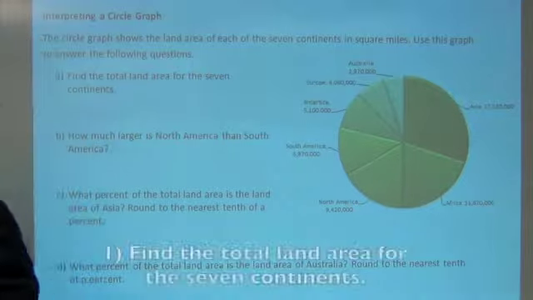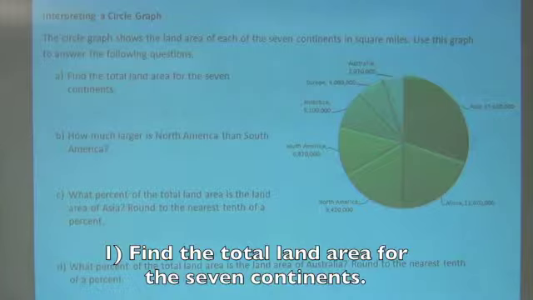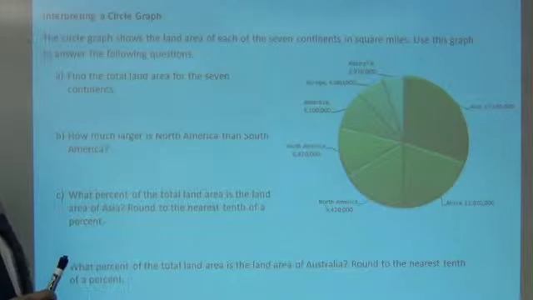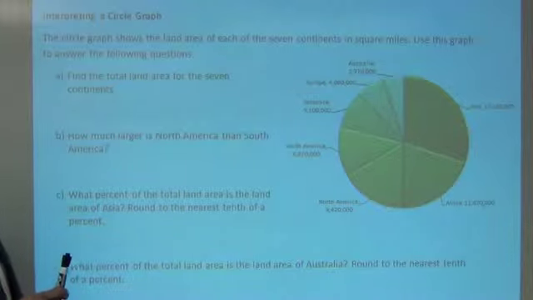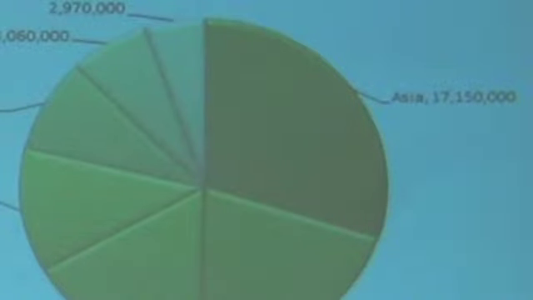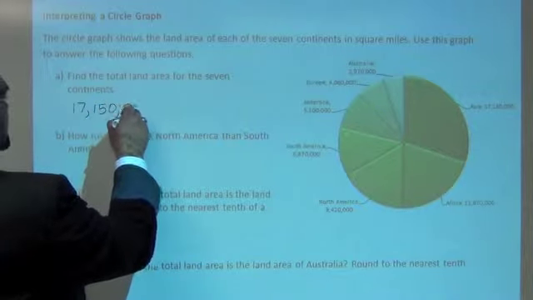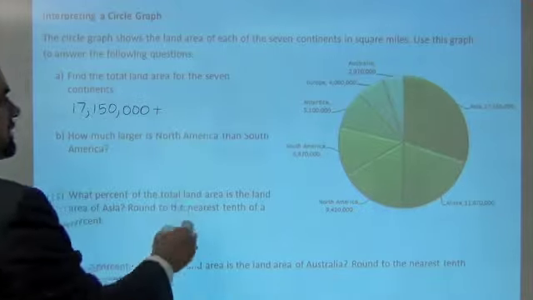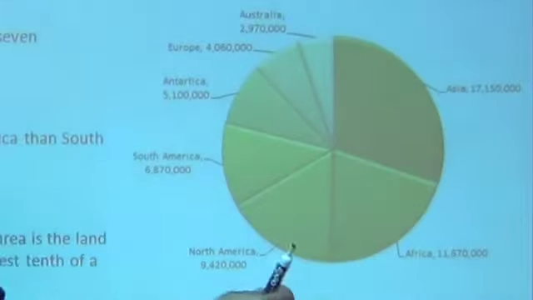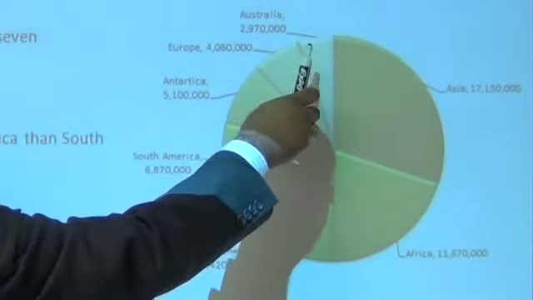So the first question says, find the total land area for the 7 continents. What that means is we need to add all the land mass for each continent together. So we're going to start with Asia, which is 17,150,000. And we'll have to add all the others, meaning we're going to add Africa, North America, South America, Antarctica, Europe, and Australia.